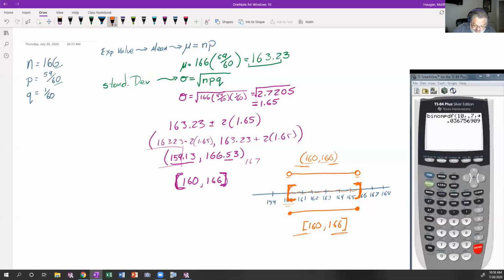And you can even have them mixed. Let's say you went from 5 to 10. That would be greater than or equal to 5, but less than strictly 10. Does that work for you?